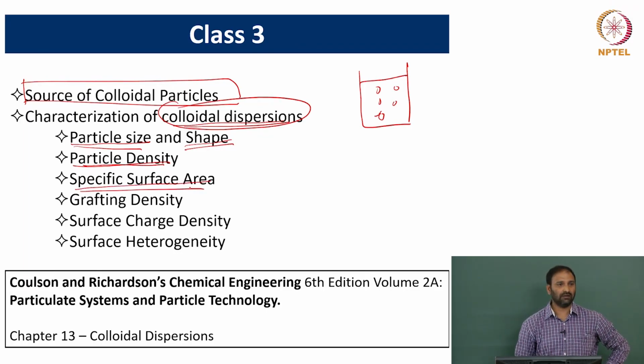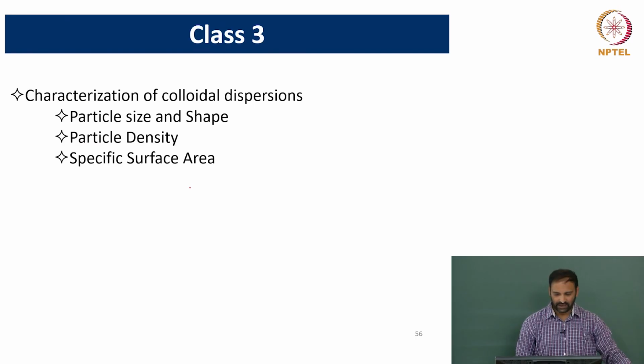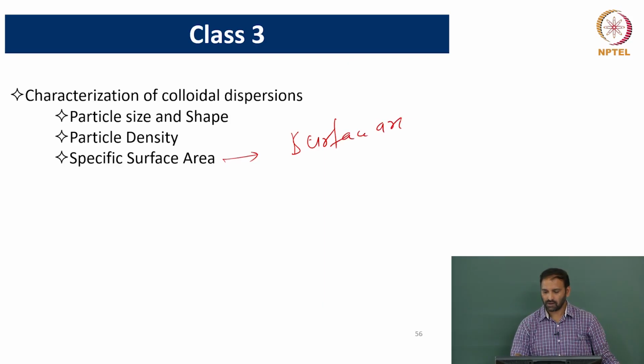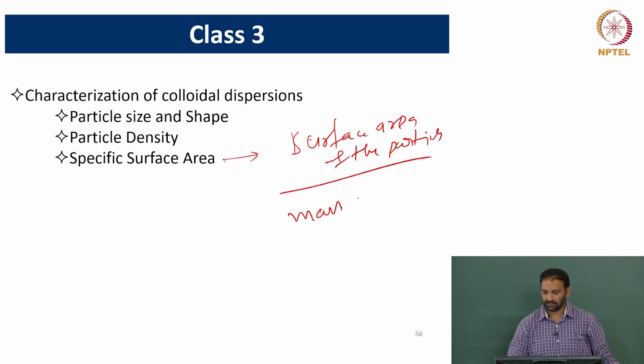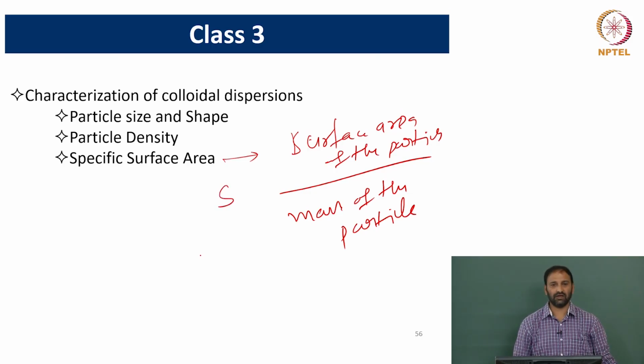Specific surface area, which is essentially defined as the surface area of the particle divided by the mass of the particle. That is your specific surface area, or if you want, surface area specific.